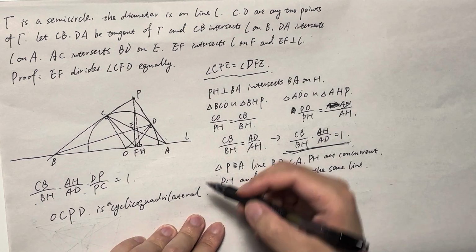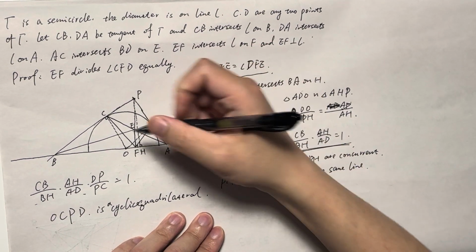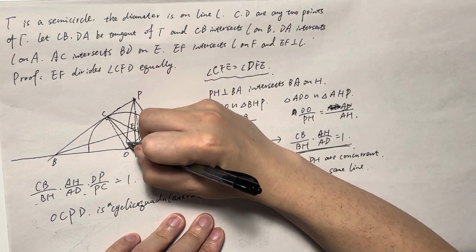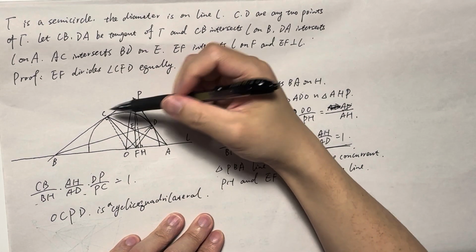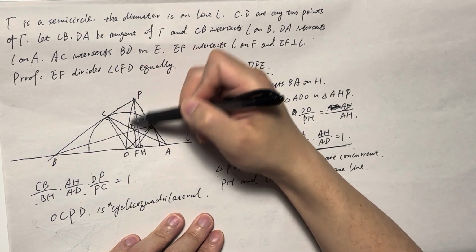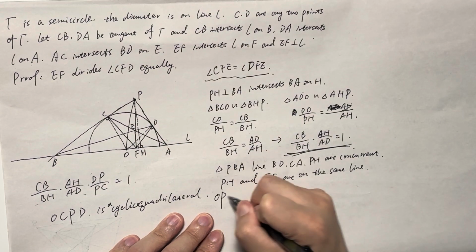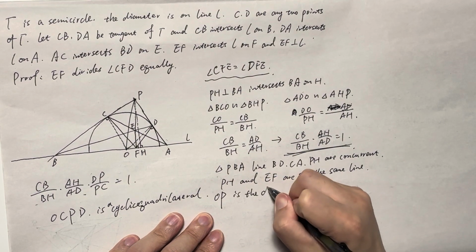And because these angles are 90 degrees, OP is a diameter.